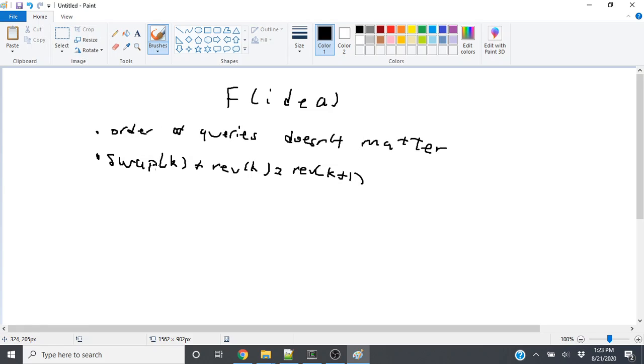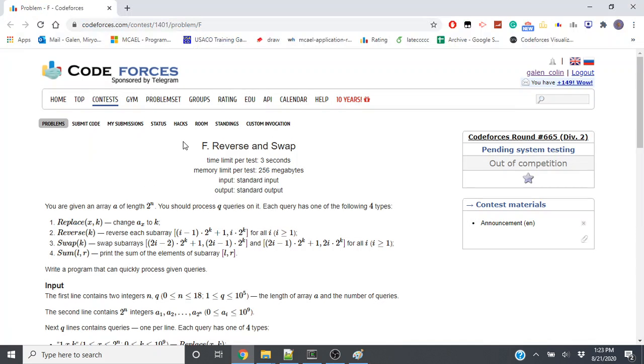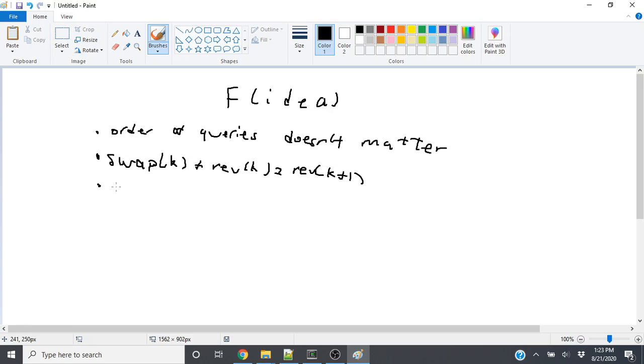Then you either make 0 or 1 swaps of each operation, for example. So 0 or 1 swap for each k.